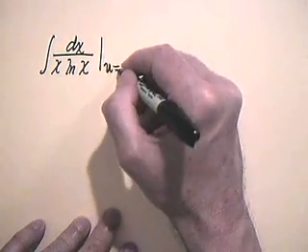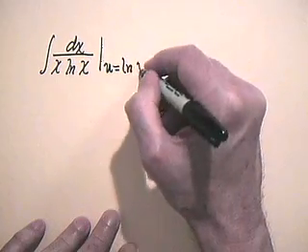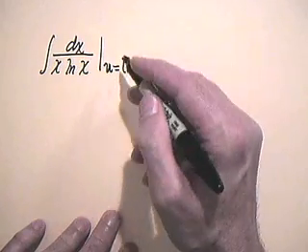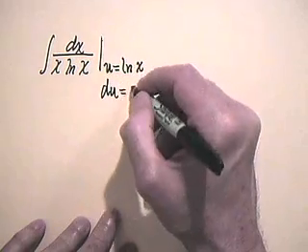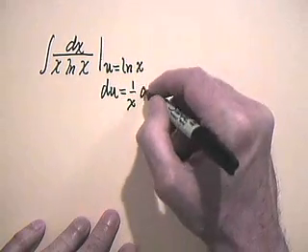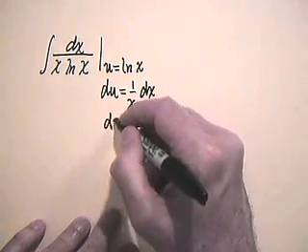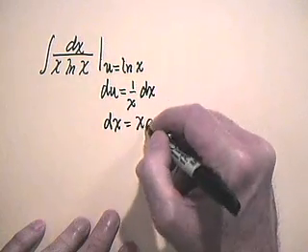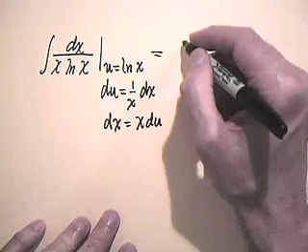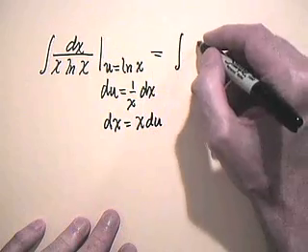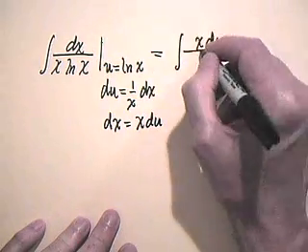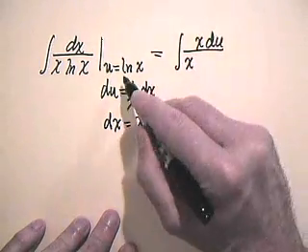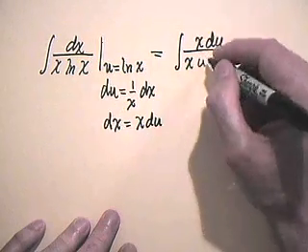Let's try it here. We're going to set u equal to ln x, then du is simply 1 over x dx. That is, our dx is simply x times du. And so substituting in, we have x du divided by x, and our ln x is now simply u.